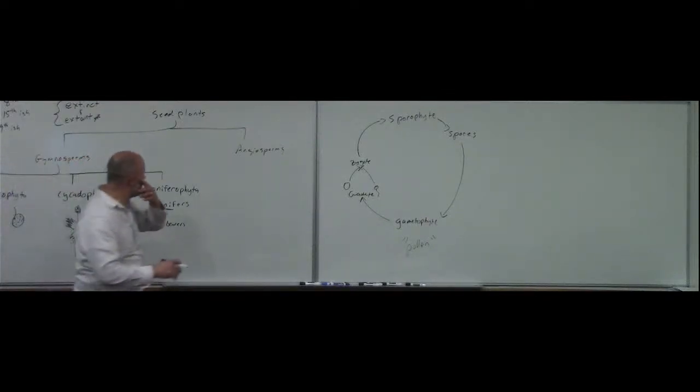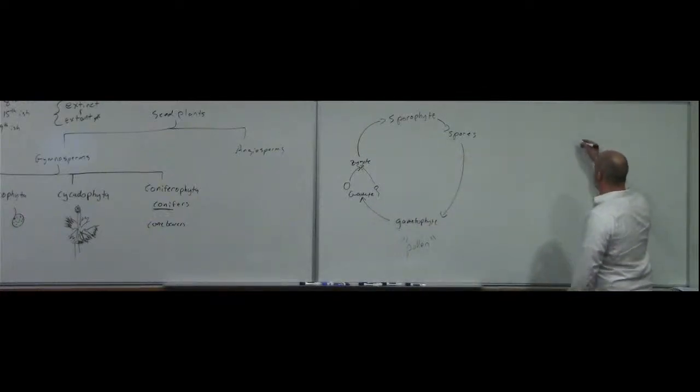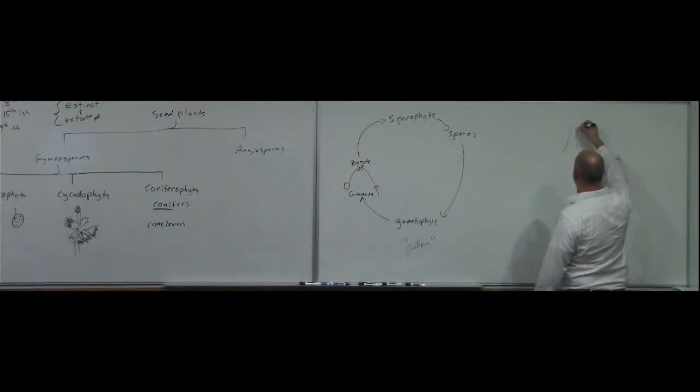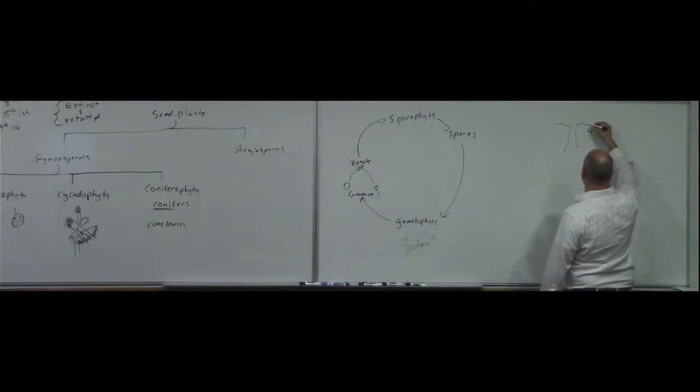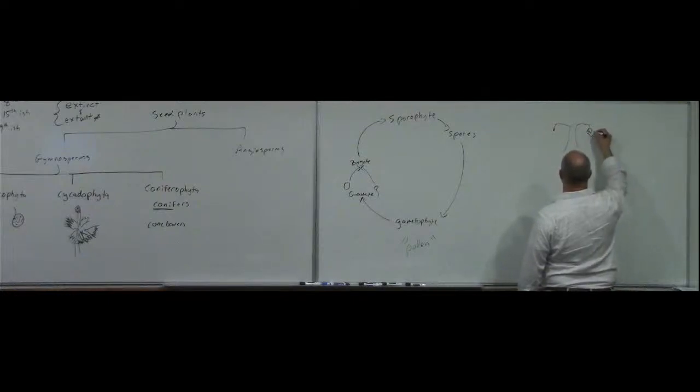When we talked about the cones and all this, so you had a pine tree, right? It's making cones. It makes female cones and it makes male cones. The male cones are little teeny tiny things and the female cones are actually fairly large, aren't they?